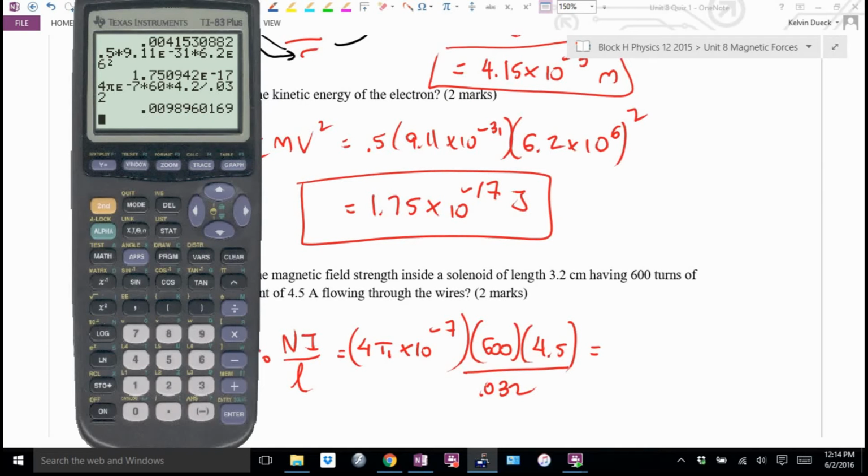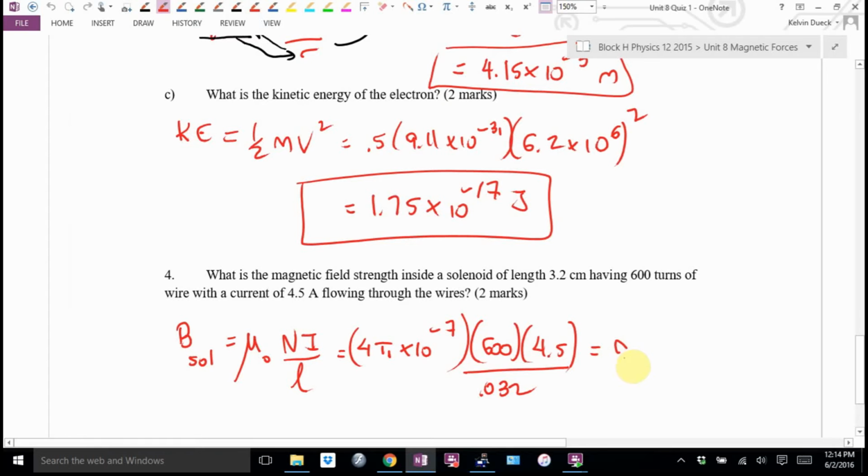So is that right? Am I wrong? Oh, thank you. That seems a little small. So how about 9.9 times 10 to the negative 2? Yeah, that's what I got too.